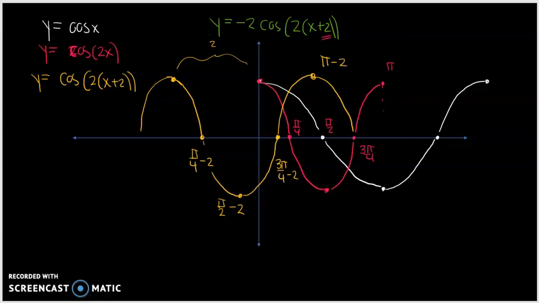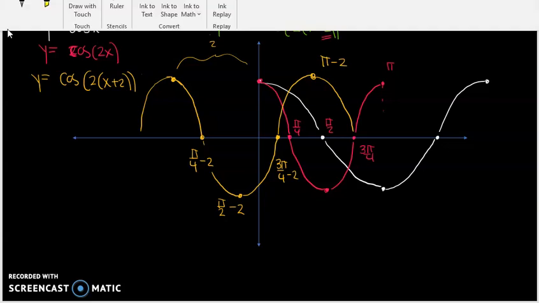Lastly, in green, we have to say, what does the -2 do? I didn't leave myself a ton of room, but -2 says where y is 0, it's still going to be at 0.